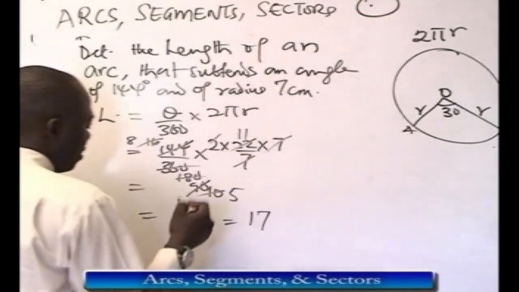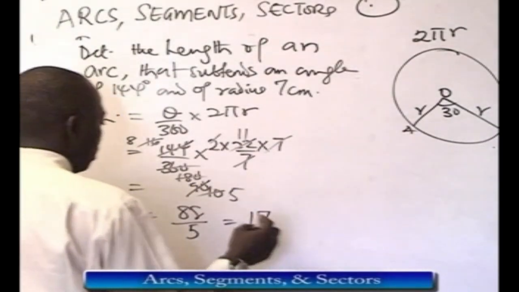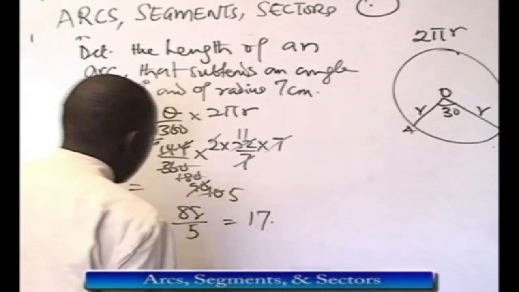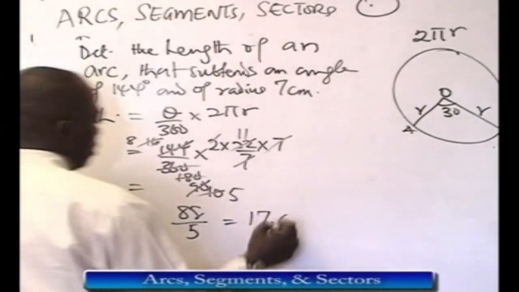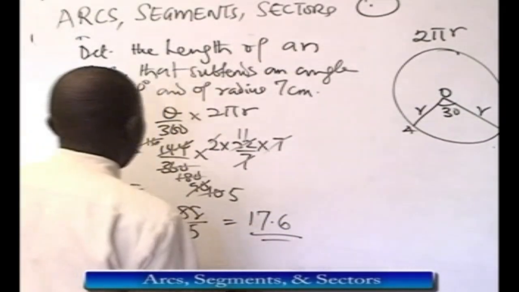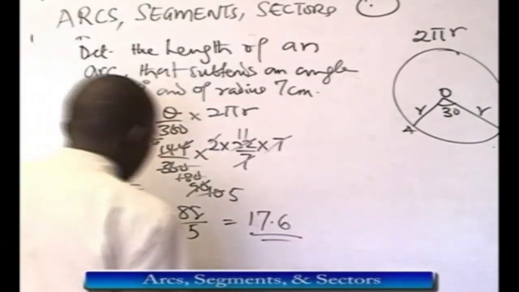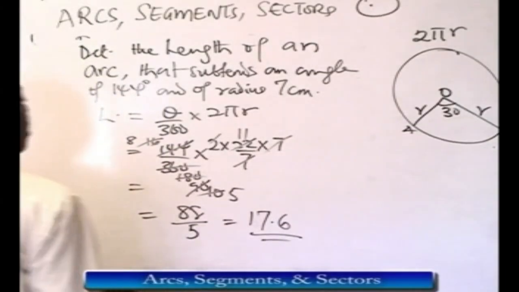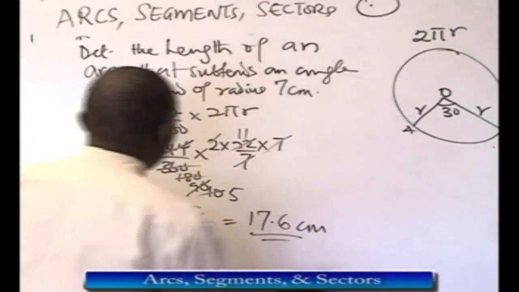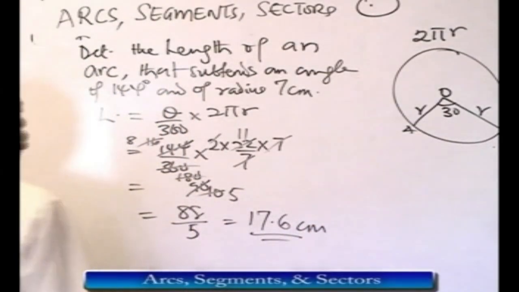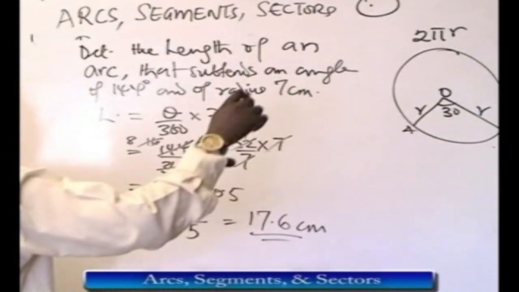Then you subtract 35 from 38, you have 3. And then you have a point. Then 5 in 30, you have 6. So we have 17.6 centimeters, the whole length of that arc that is subtended.